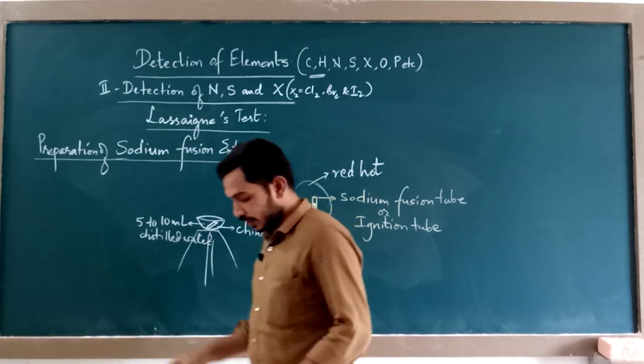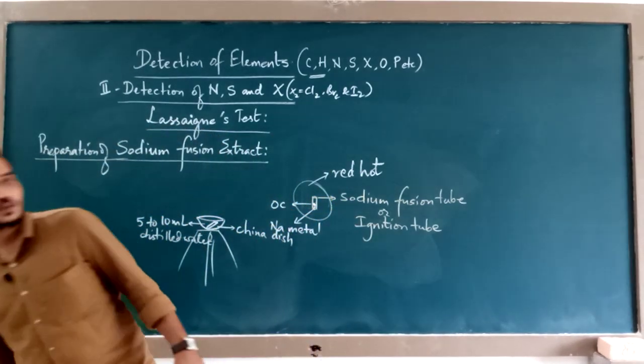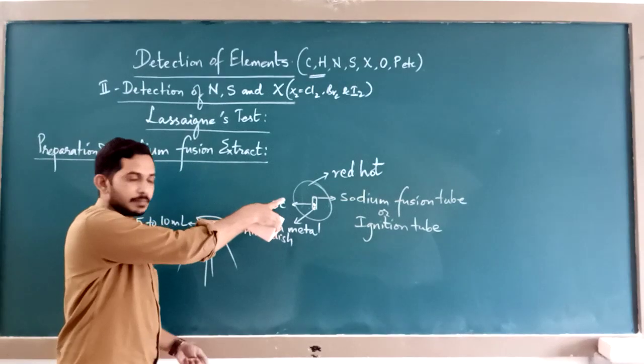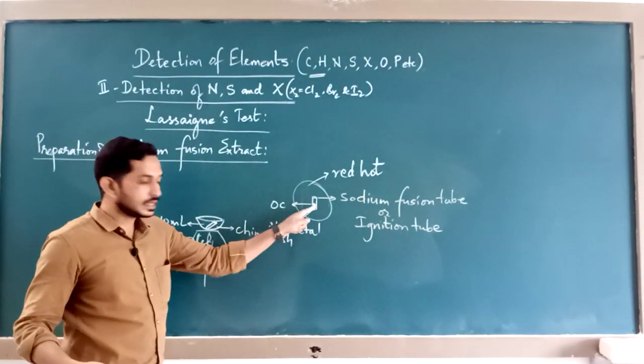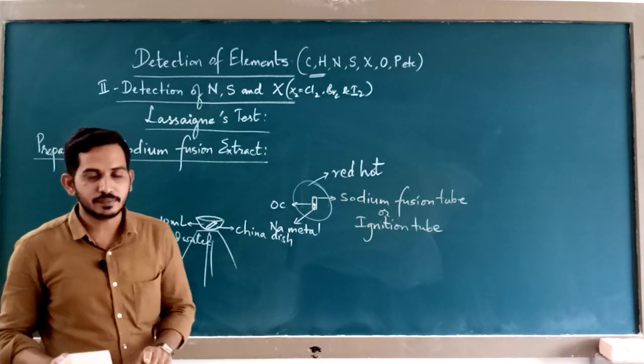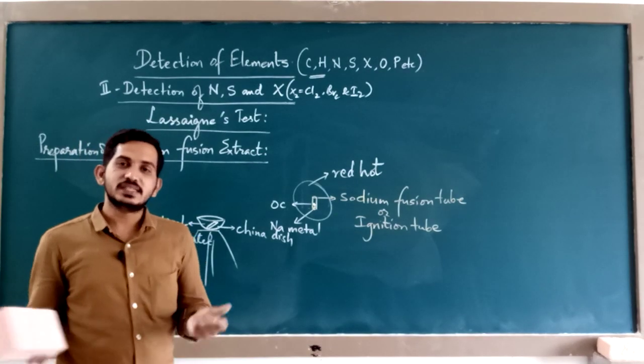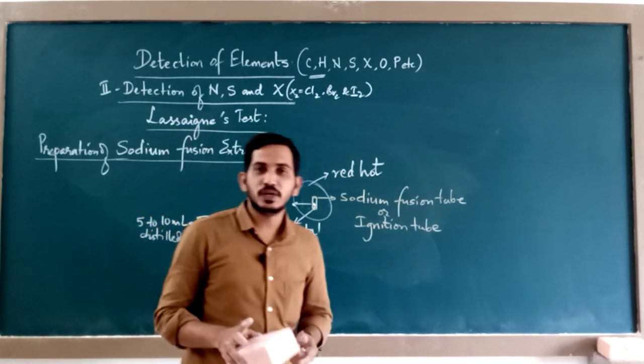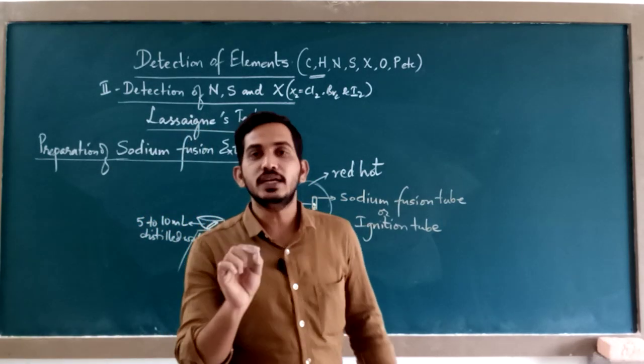So what did you do? You first heated sodium metal, then you heated the organic compound with sodium metal. Till the reaction completes, you heated it slowly. After the reaction between the organic compound and the sodium metal gets completed, you heat vigorously.